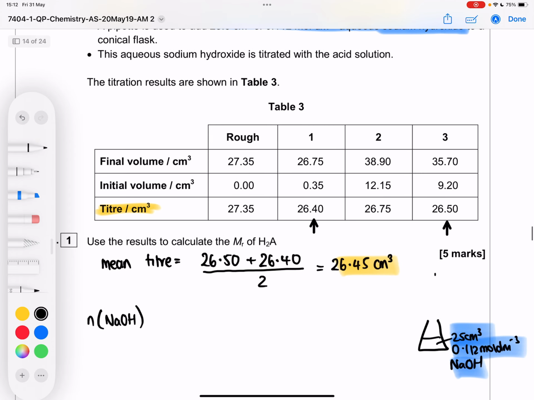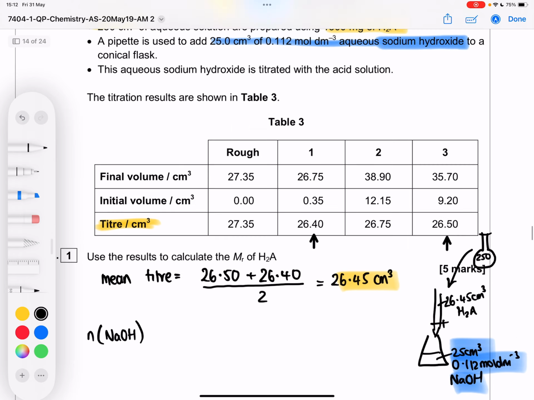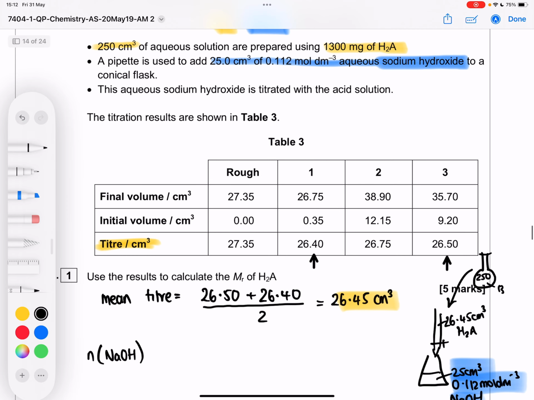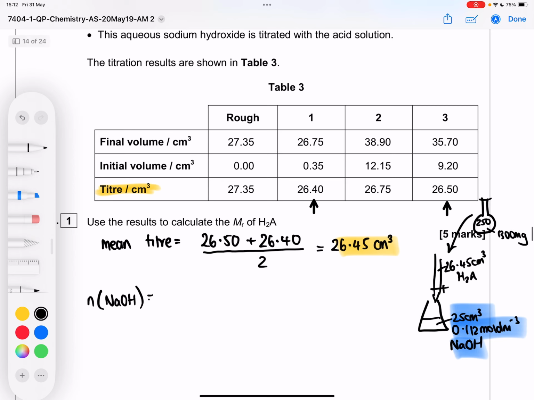And above it we've got a burette, and we now know that we used 26.45 cm³ of H2A, but that H2A came out of a volumetric flask that had 250 cm³ and 1,300 milligrams. So let's start off by working out how many moles are in the conical flask.